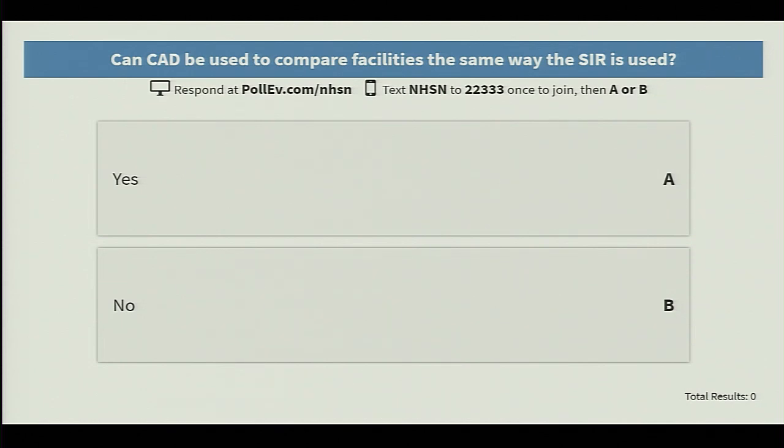Okay, so next question. Can CAD be used to compare facilities in the same way the SIR is used?